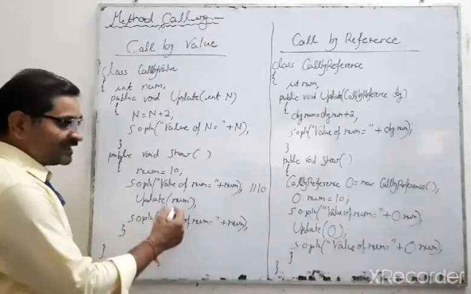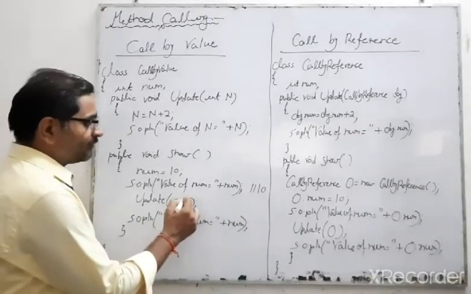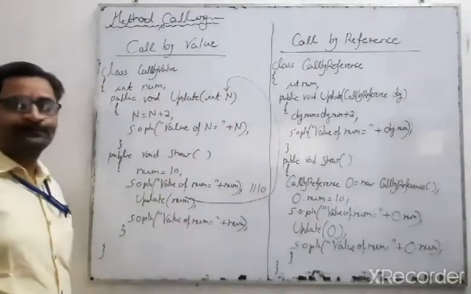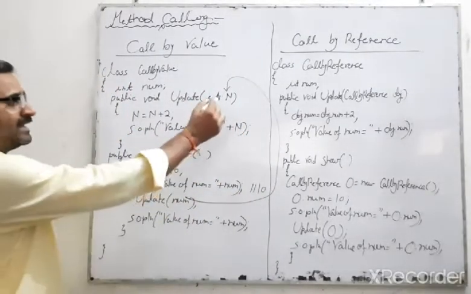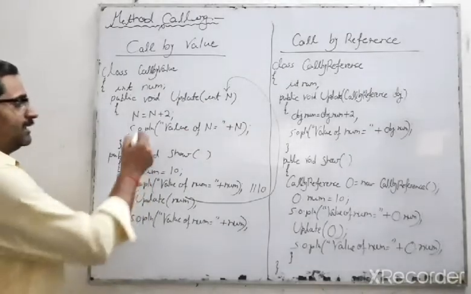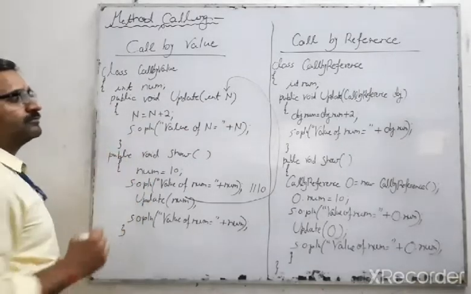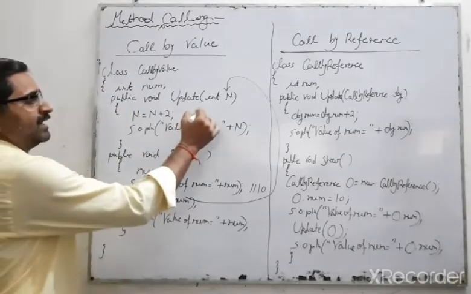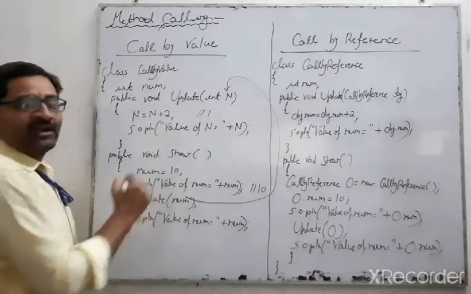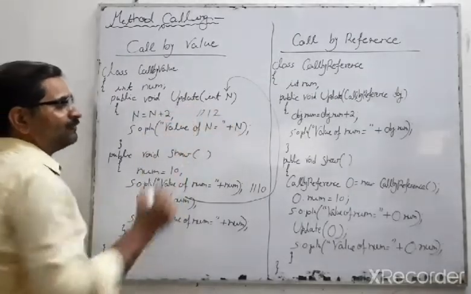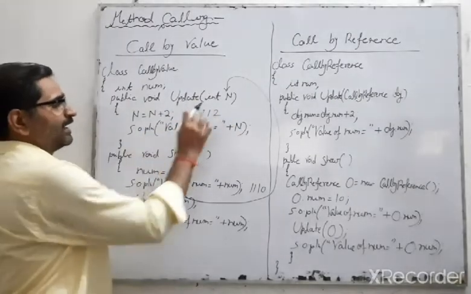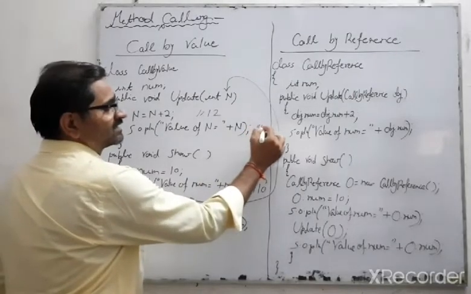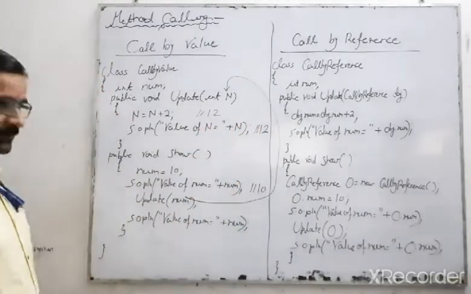When this method is called, the value of num is received by n. Now the value of n is also 10. Here we update the value of n, meaning 10 plus 2. So the updated value of n is 12. When you print the value of n, we get the result 12.